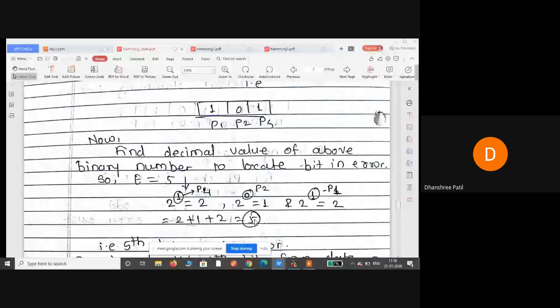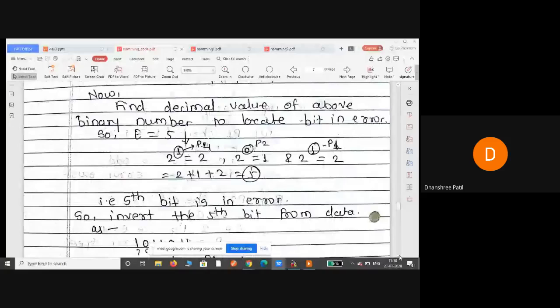Okay. So up till now we have got the conclusion that error exists. Also we understood that the fifth bit contains an error. Up to this we know. Now how to correct it? Correction means only we have to invert it, 1 to 0, 0 to 1. So check the fifth bit. What is the fifth bit?